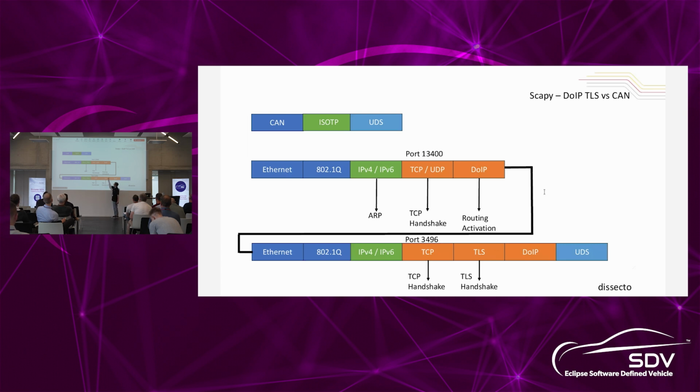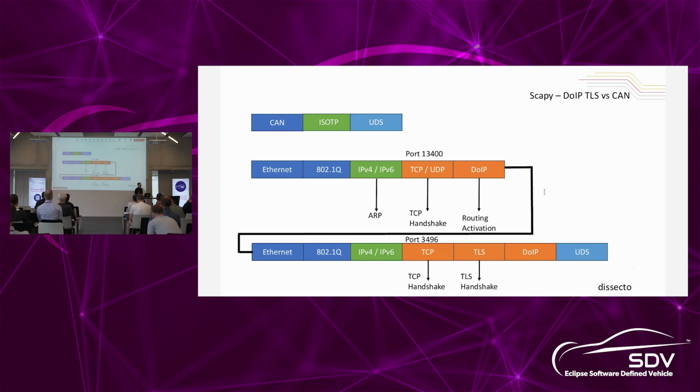Now we have 5 handshakes just for that. And we have also the TLS handshake, which is also quite complicated and prone to errors, let's say. At that point, we went from using 8 bytes to send a UDS message to more than 1,000, just to get the first UDS message to the ECU.